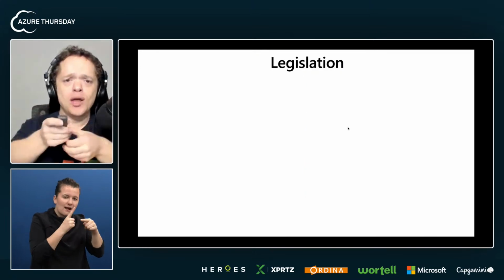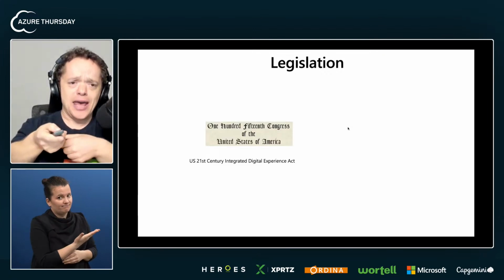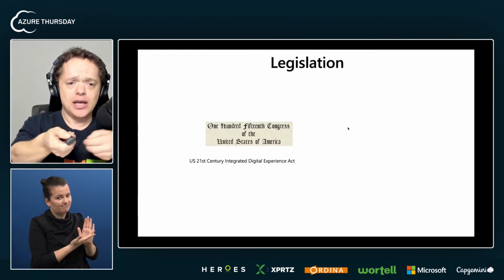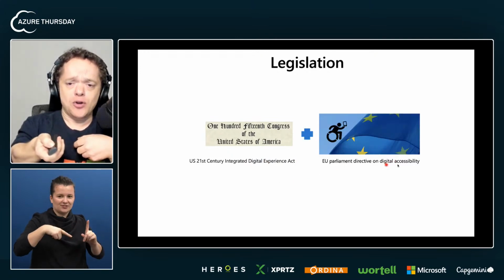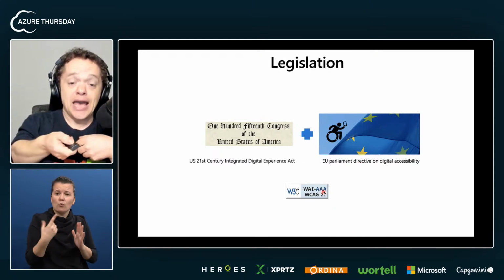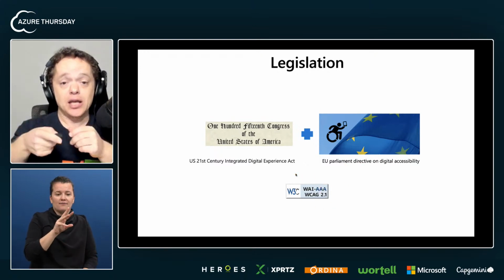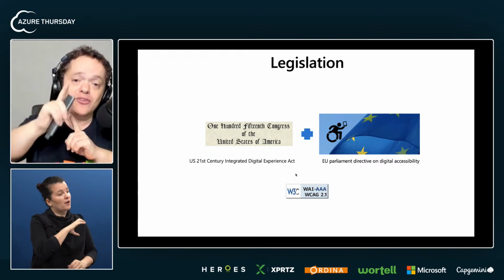So now let's define motivators. First of all, a stick: legislation. We have the US 21st Century Integrated Digital Experience Act and the EU Parliament Directive on Digital Accessibility that says if you're not WCAG 2.1 AA compliant, then, like Canada, you will get a $100,000 fine per day for civil-facing websites.